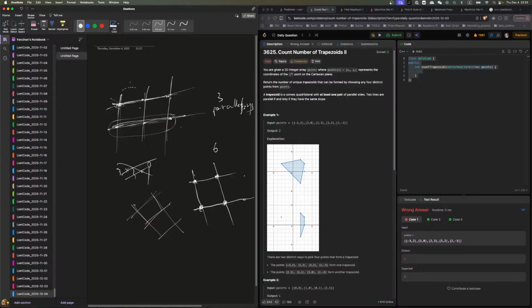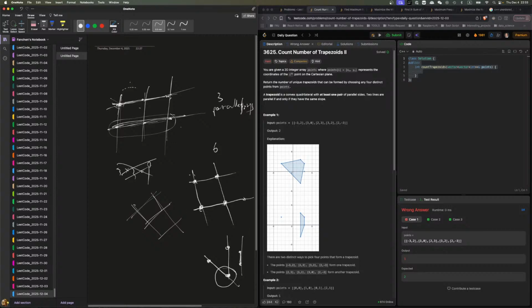No, that's not 5 because this point is not on here. So it's not possible to have 5. But here we have actually 3, right? Because we have 1, 2, 3, essentially 4, 5. This is what we have. But this and this, the same point is only 1.